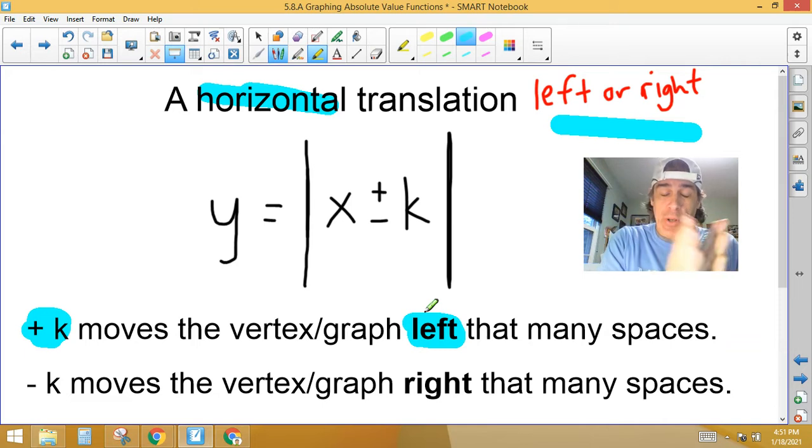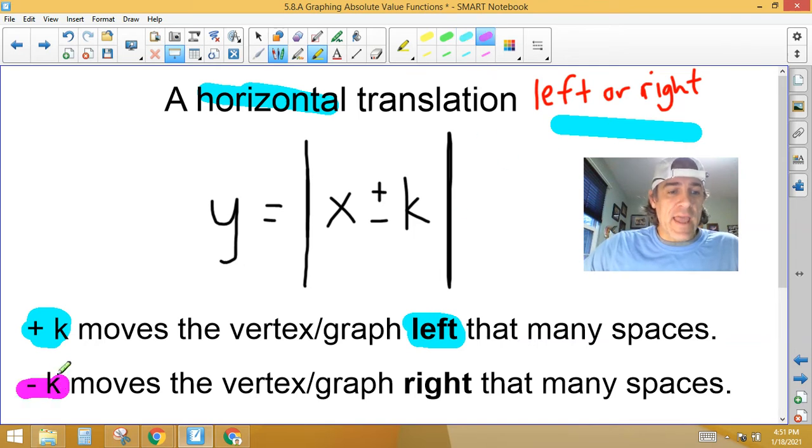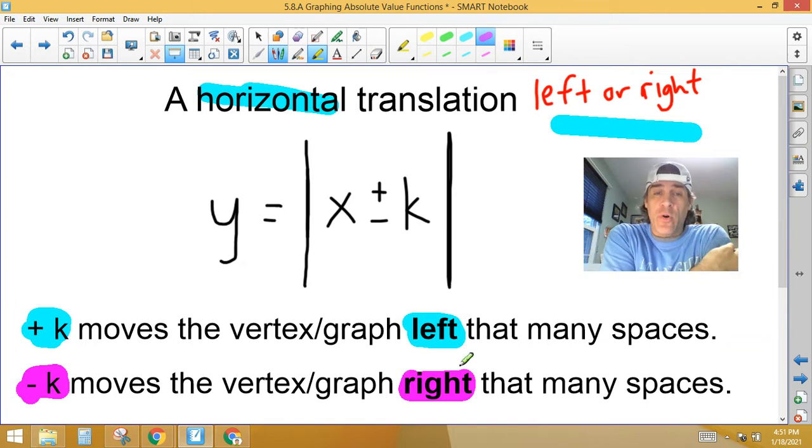So when there's a plus 3 on the inside, the vertex moves 3 spaces to the left. And if it's minus k inside the absolute value bars, if we're taking k away from x, it moves it to the right that many spaces. This is something you're going to want to jot down and make sure you understand.